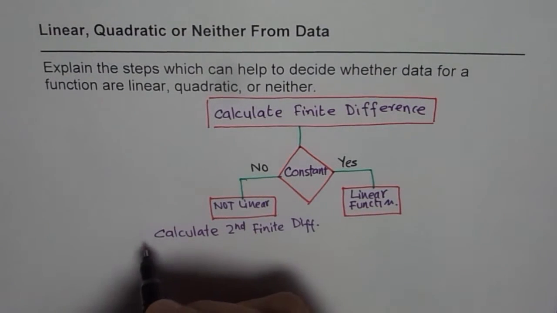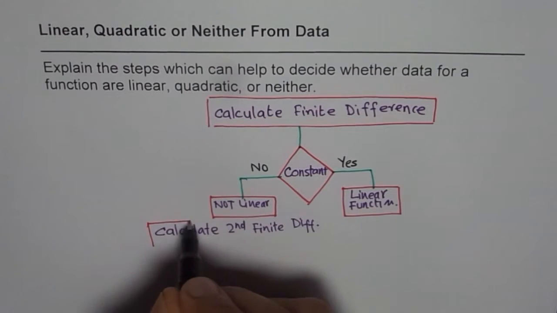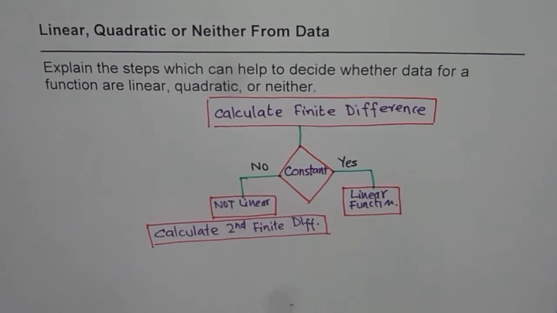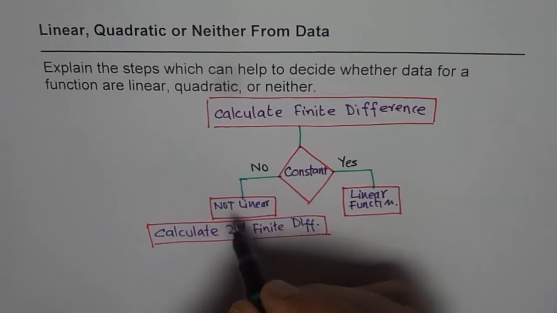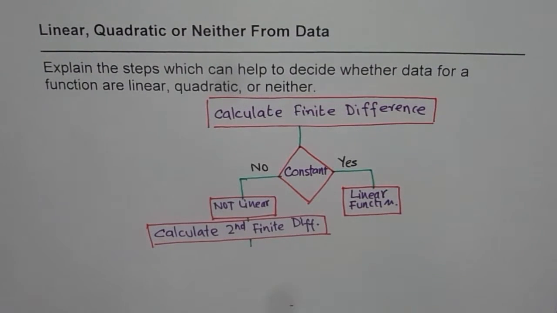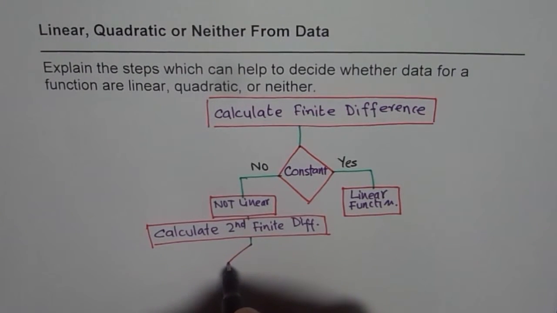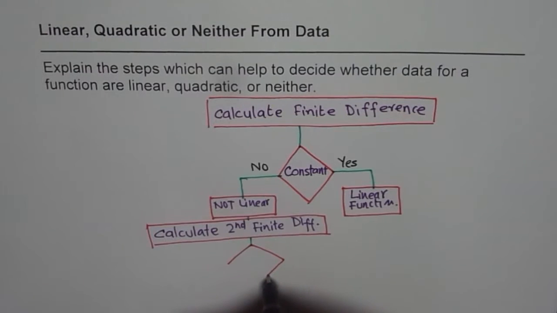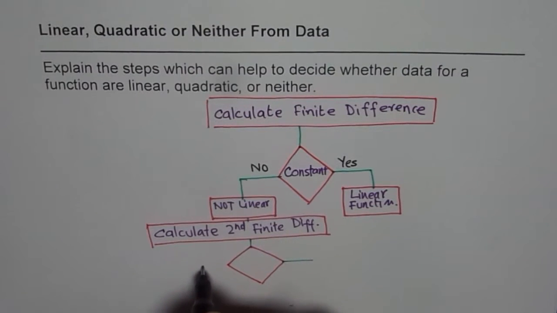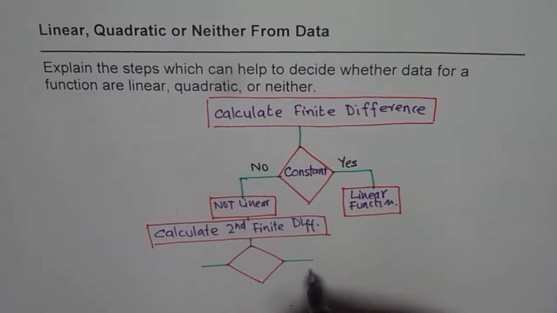Now when you calculate the second finite difference, you may get it constant or you may not. So again we have to take a decision based on whether it is constant or not. There are only two possibilities: the second finite difference may be a constant or it may not be.